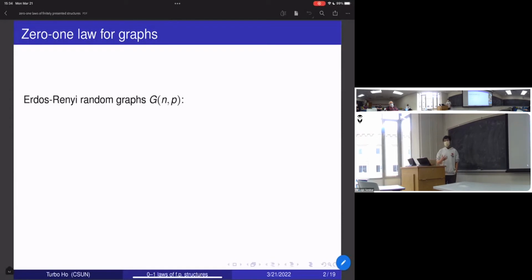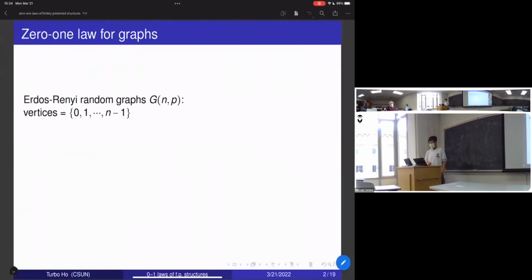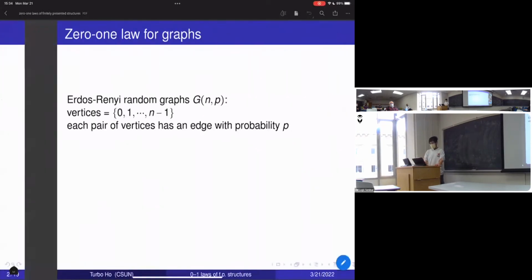What it is, is that it's a graph, or really technically a random variable that takes values as a graph. It takes two inputs as parameters, n and p. n is basically the number of vertices, and p is just a probability between 0 and 1. And what it does is that you build this on n vertices. We usually call them 0 to n minus 1.